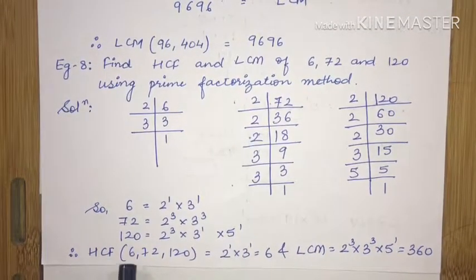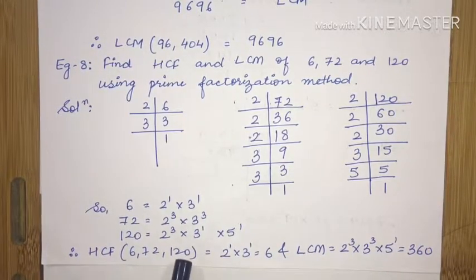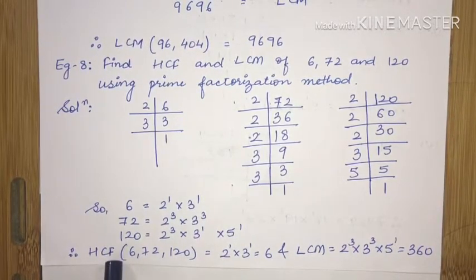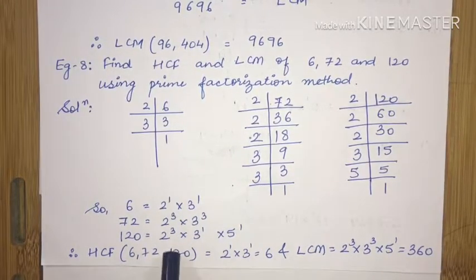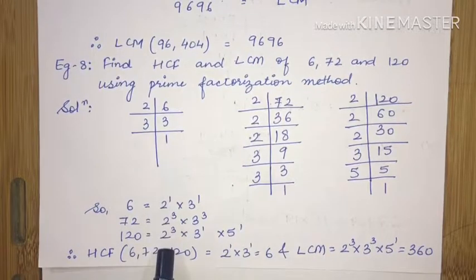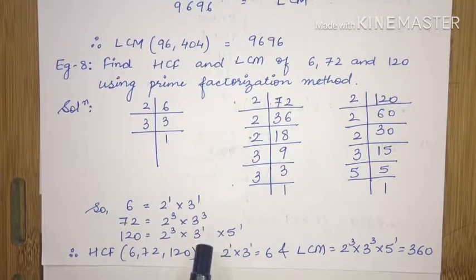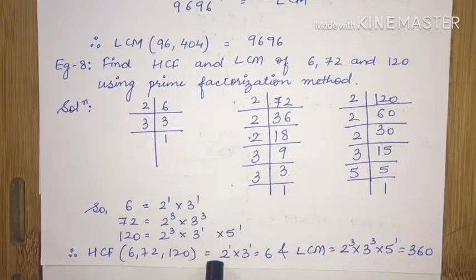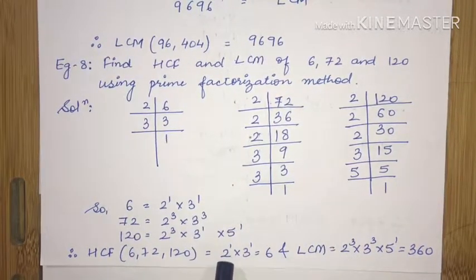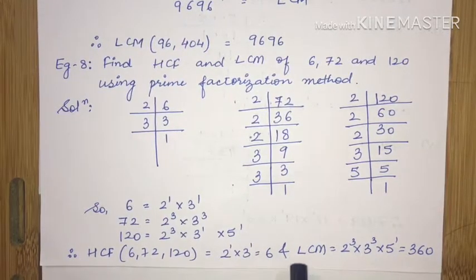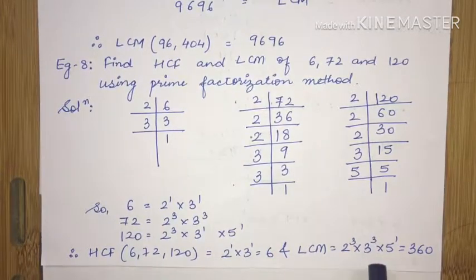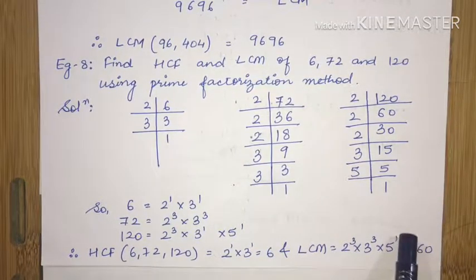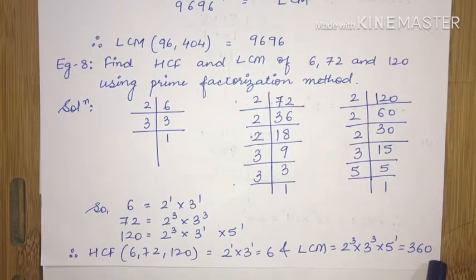So HCF of 6, 72 and 120, as HCF is highest common factor, we can clearly see the highest common factor is 2 raised to the power 1 in all three, and similarly the highest common factor is 3 raised to the power 1. So HCF is 2 raised to the power 1 into 3 raised to the power 1, which is equal to 6, and LCM is equal to 2 raised to the power 3 into 3 raised to the power 3 into 5 raised to the power 1, which is equal to 360.